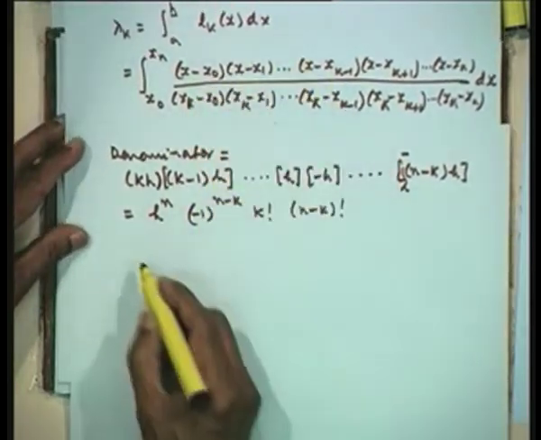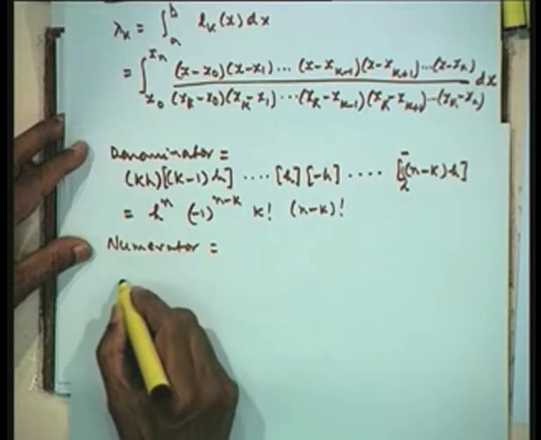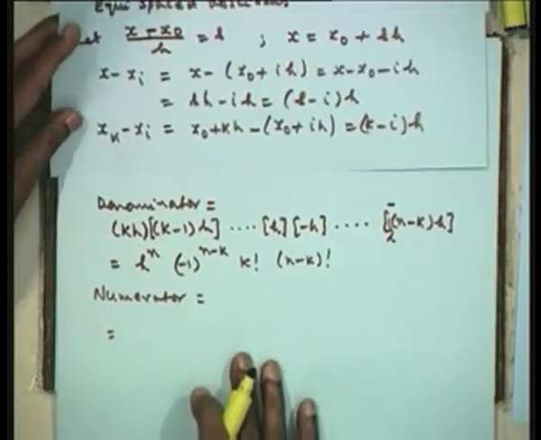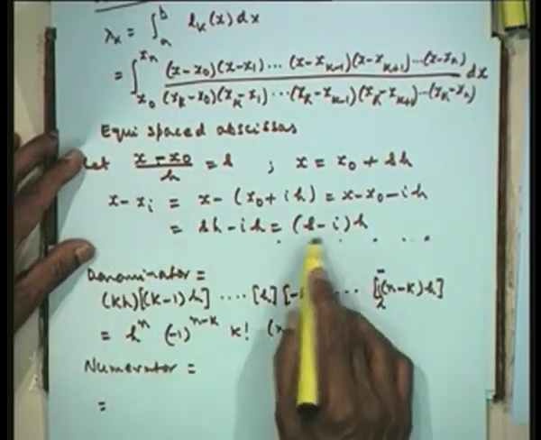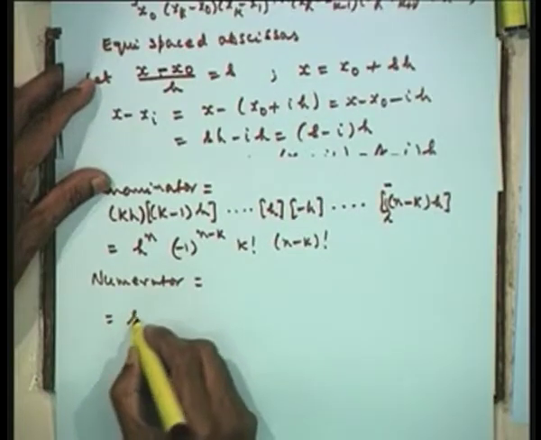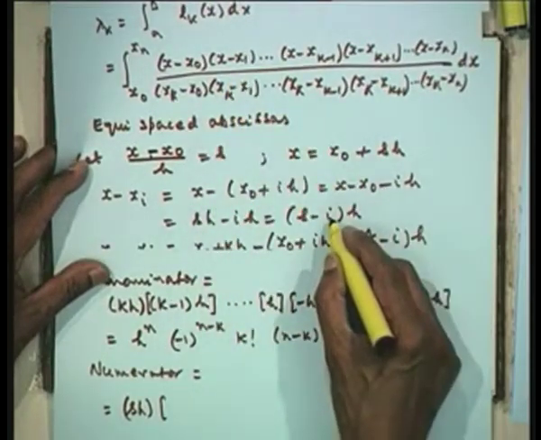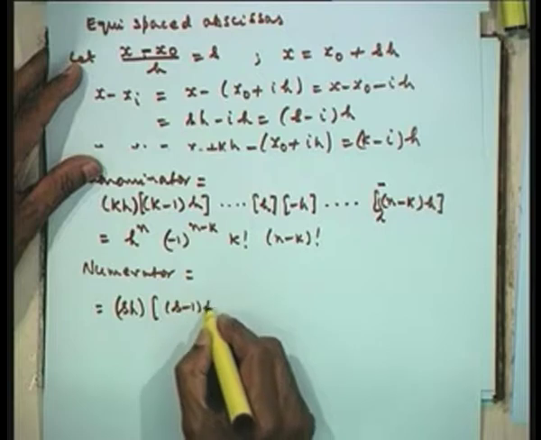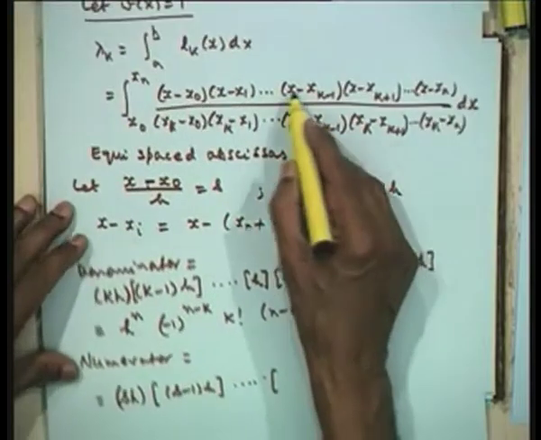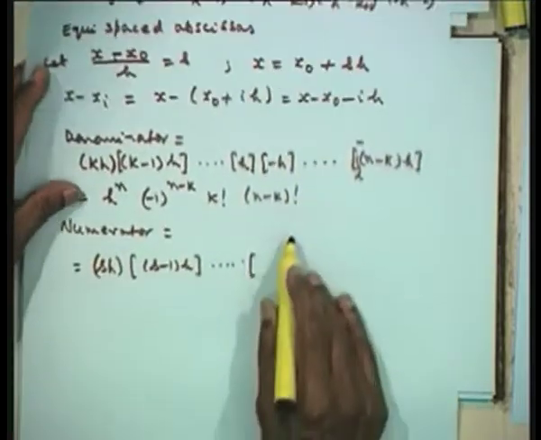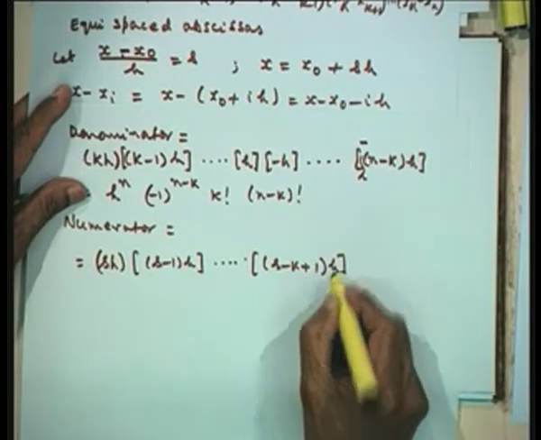Now, let us write down the numerator. Here we have x minus x naught, therefore, I have to substitute i is equal to 0 in this. Therefore, this is s into h, so I will have s into h as the first term. Then I substitute i is equal to 1, so I will have s minus 1 into h. And I have to go up to x minus x k minus 1, so we will have here s minus k plus 1 into h.